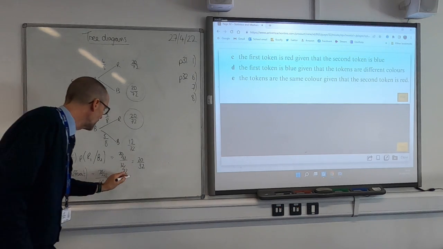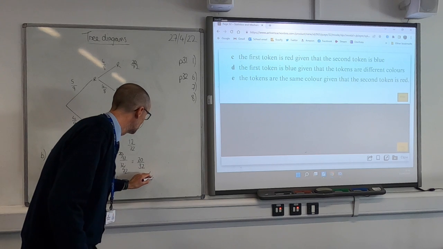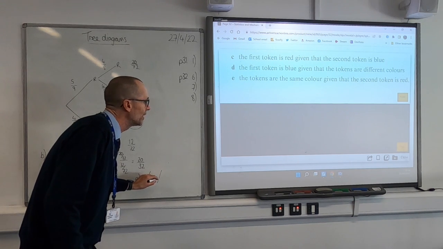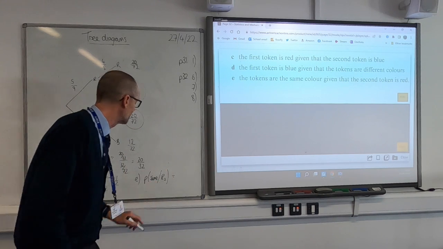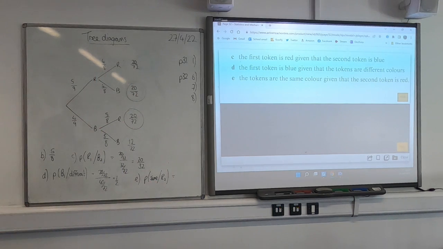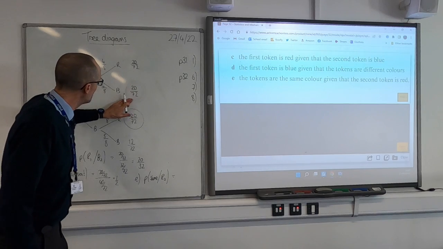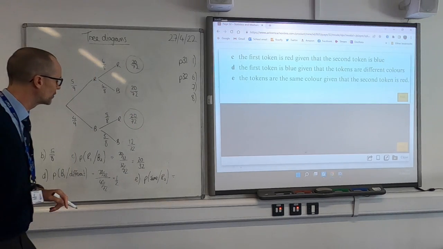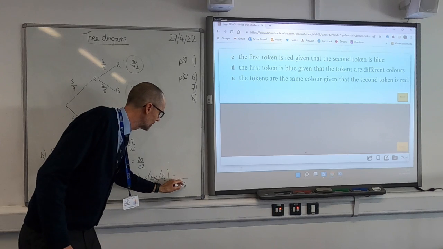And lastly, the tokens are the same colour, given that the second token is red. So again, I've written it out in that form to help me. Second token is red, are those two. So that's 40 out of 72.